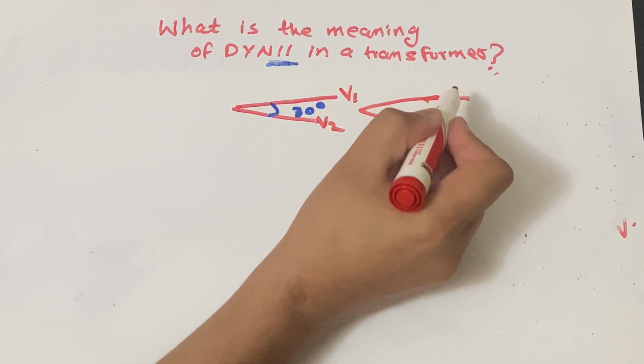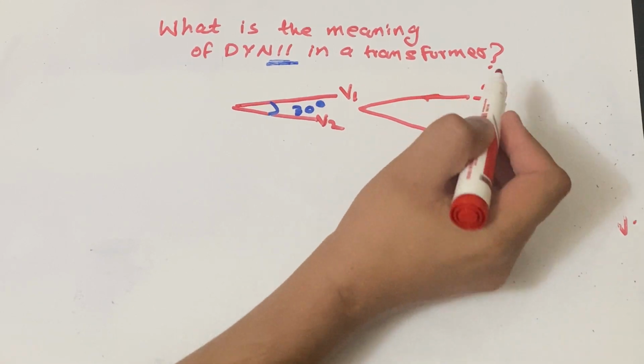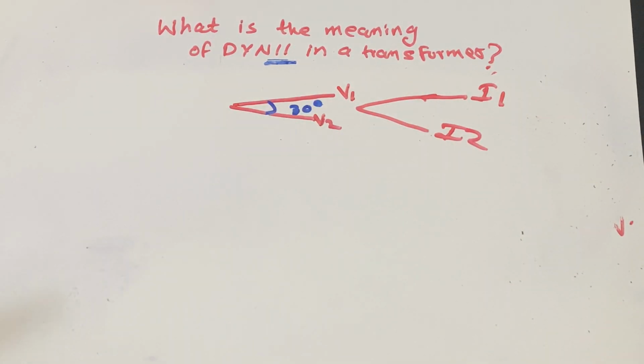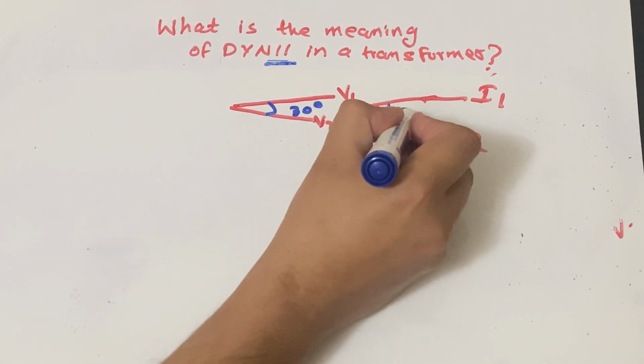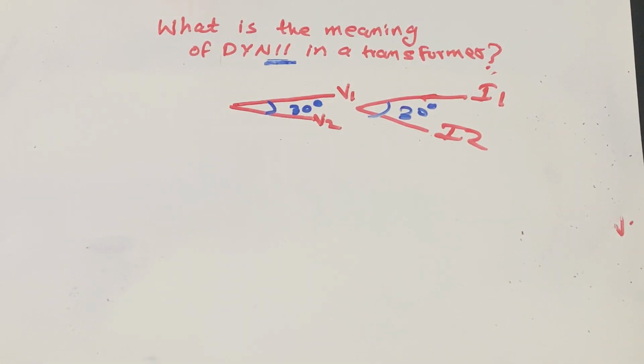So here the primary current and the secondary current. Secondary current always lags 30 degree for both cases. I think you have understood the concept. Just remember that there is a phase shift between the primary and secondary of transformers. So this vector group plays a crucial role.